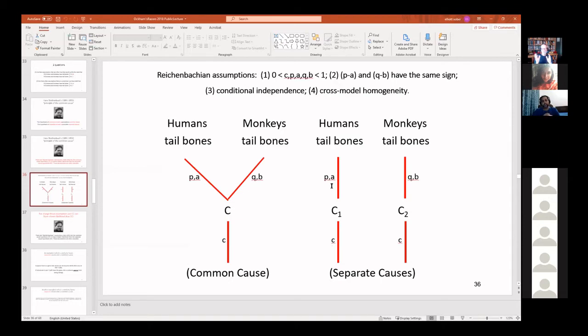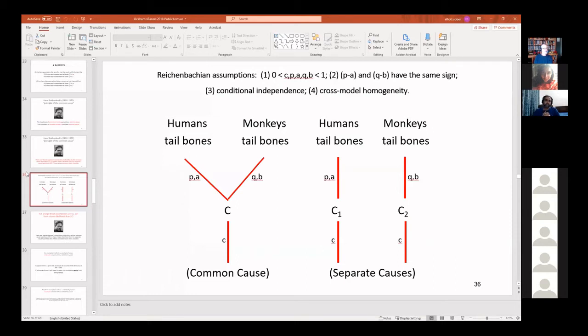So one of the perhaps puzzling, but certainly important, features of the example is that the probability of each observation, that humans have a tailbone, is the same here as it is there. And the probability that monkeys have tailbones has the same value here as it has there. But, and this is the important point, the probability that they'll both have tailbones is greater over here than it is over here. That's a structural feature.